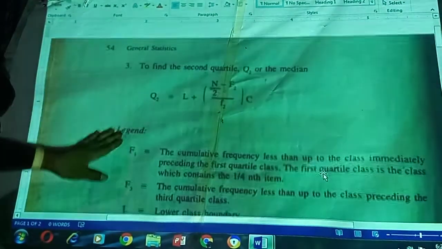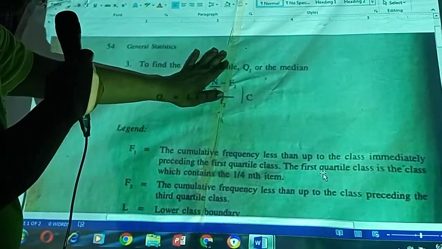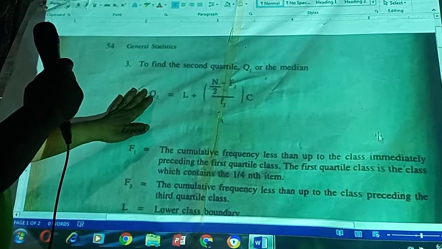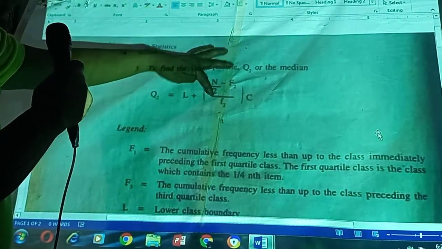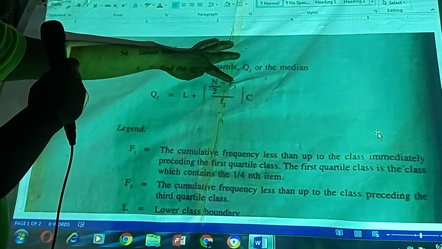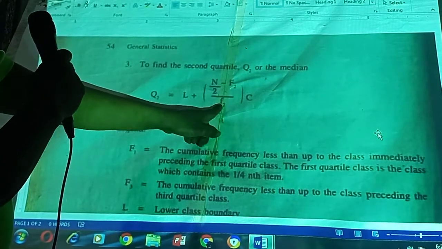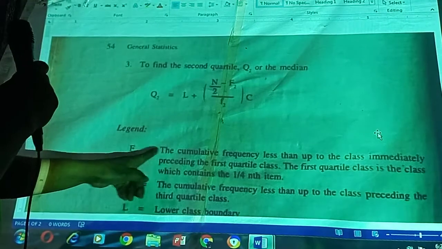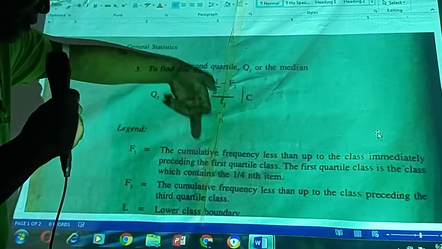In our previous lesson, to find the second quartile or the median, that is our equation. Q2 is the lower class boundary plus the number of cases divided by 2, minus the cumulative frequency, divided by the frequency, times the class interval. Big F1 is the cumulative frequency up to the class immediately preceding the first quartile class.